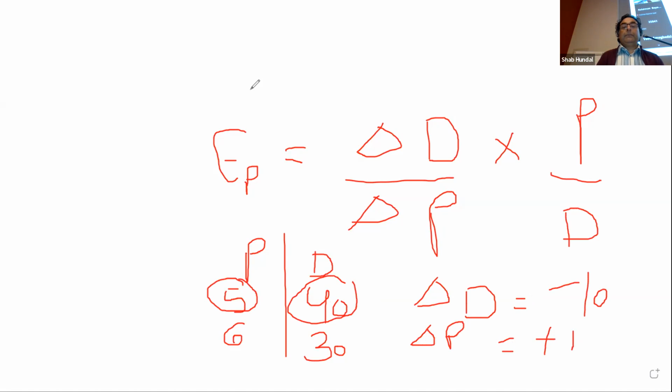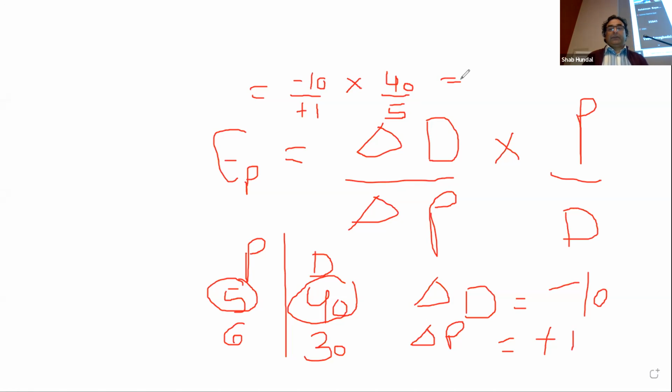And then we put these numbers in the formula. Change in demand is -10. Change in price is +1. And then the original demand is 40. And original price is 5. Okay. And when you solve this equation, change in demand, change in price.